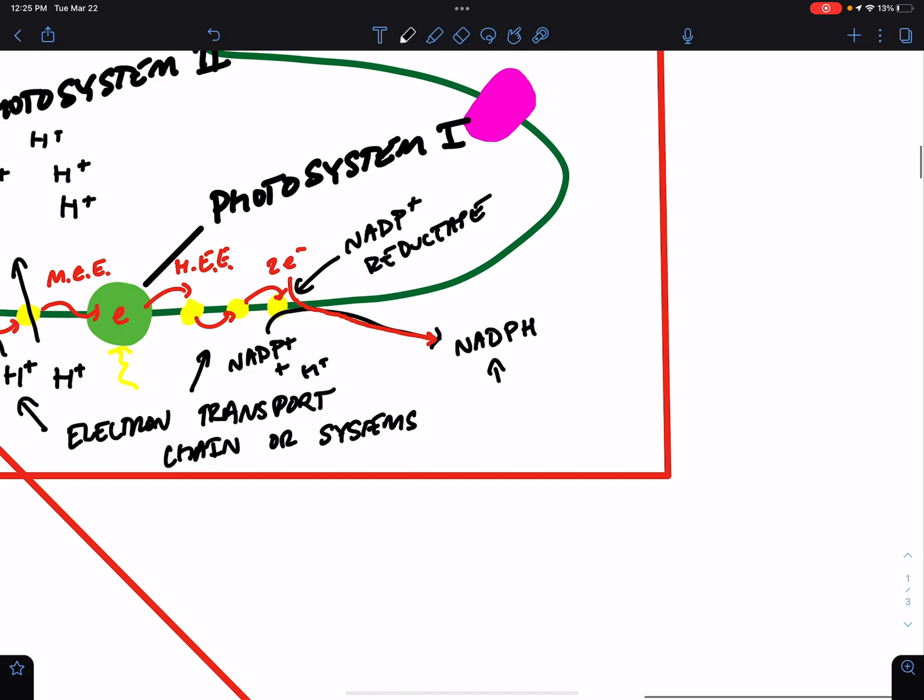And this is carrying 2 high energy electrons.